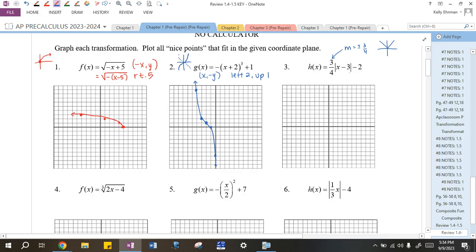This graph has been shifted to the right 3 units and down 2 units. And then from that vertex, I'm going up 3 and right 4 in one direction, and then from the vertex, up 3 and left 4 in the other direction. And I'm only requiring that you get 3 points for an absolute value graph, which again we put on our notes on the parent functions page.